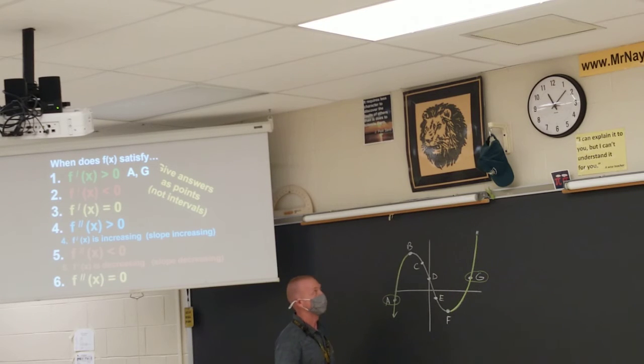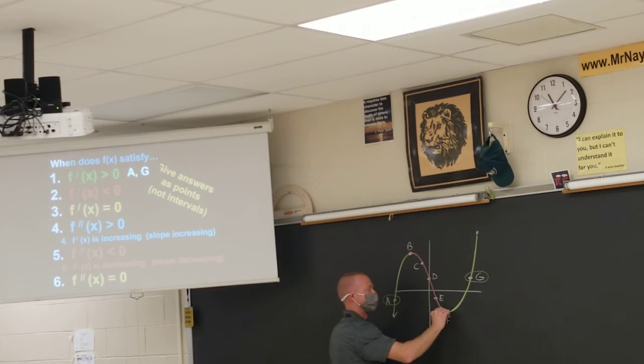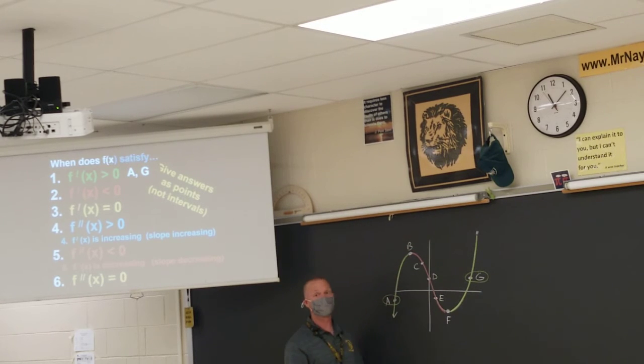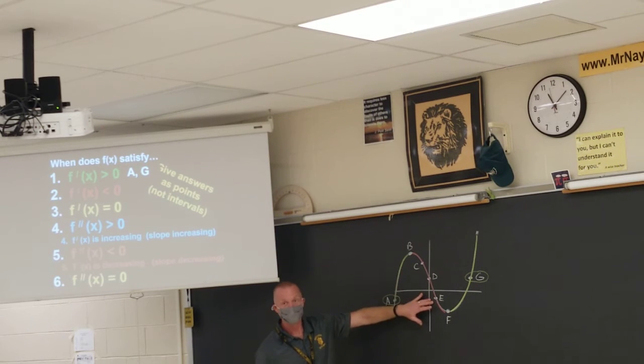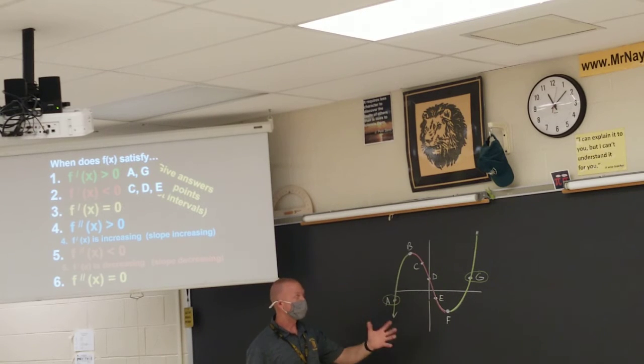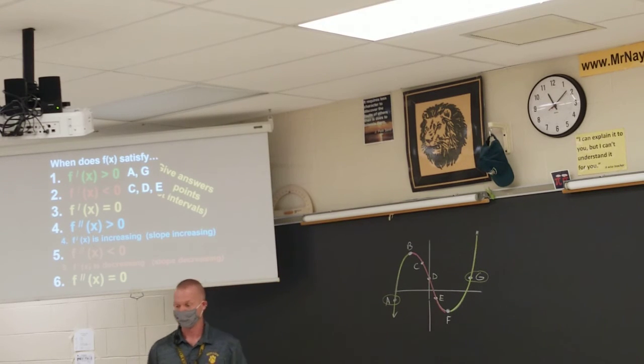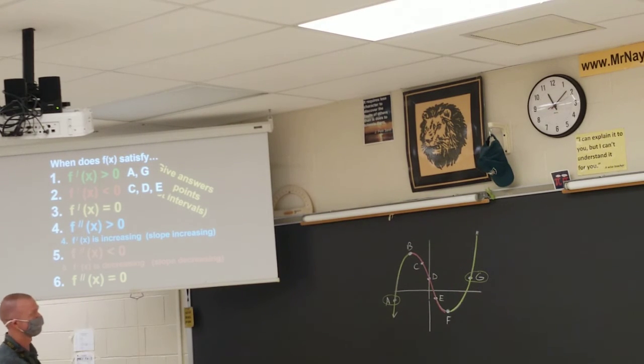The second statement, the derivative, the slope, is negative. It just means the graph's going down. It means your tangent lines would have a negative tilt. So C, D, and E all satisfy, or are all places where that's happening. And then the third statement is still a statement about the slope.